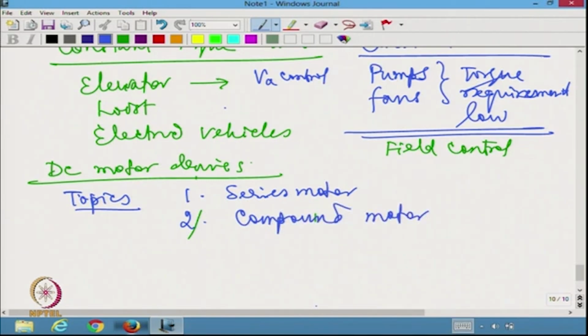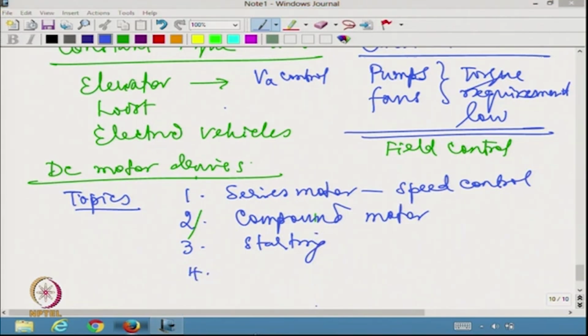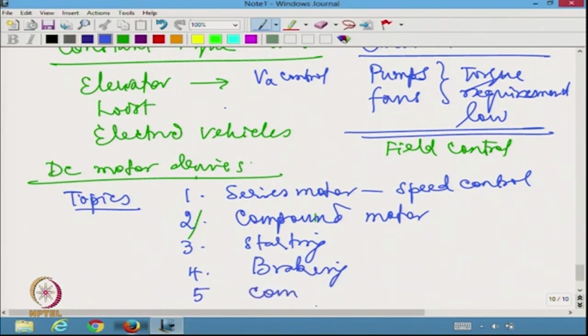For series motor, we will have to do the speed control also. Speed control aspects also we will have to discuss. Then the third one that we need to discuss is starting of a DC motor drive, and the fourth one we might have to discuss is braking. In fact, commutator we have still not discussed, the commutator action also we need to discuss.